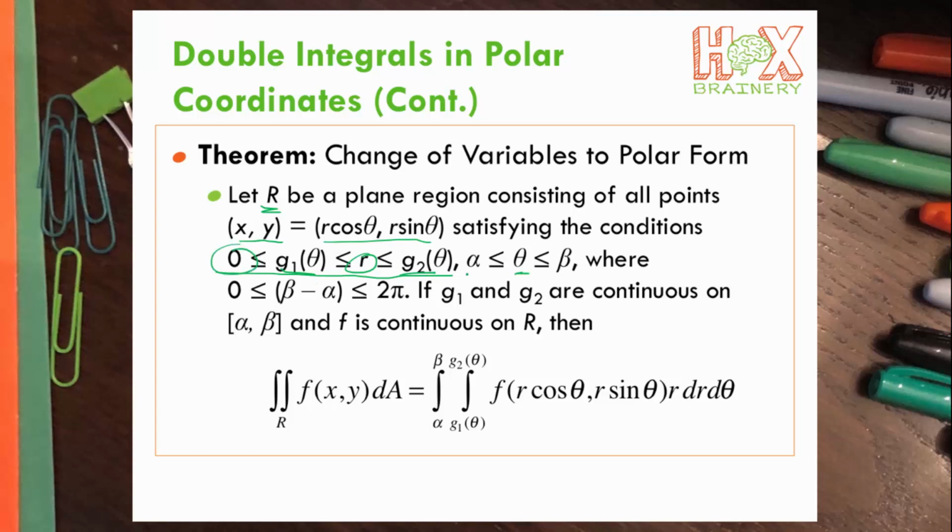And theta is between these two angles, where the difference in those two angles is between 0 and 2 pi. If g sub 1 and g sub 2 are continuous on the interval from alpha to beta, and f is continuous on that region, then you can take your double integral and set it up this way. So that's what we're going to use.